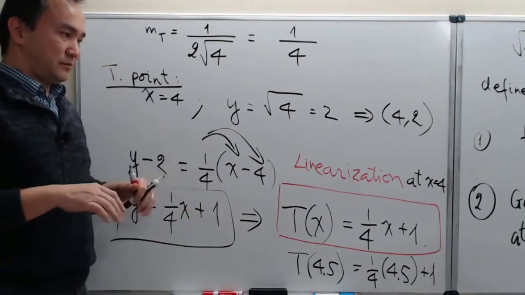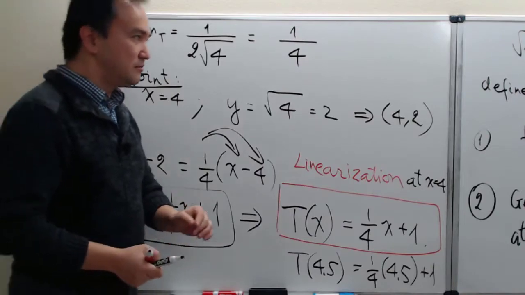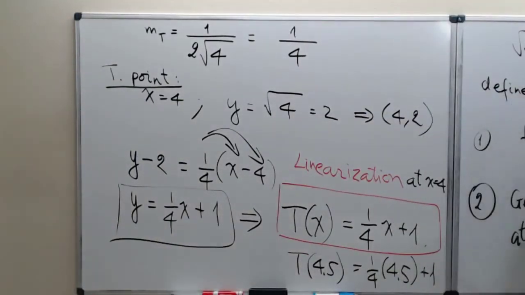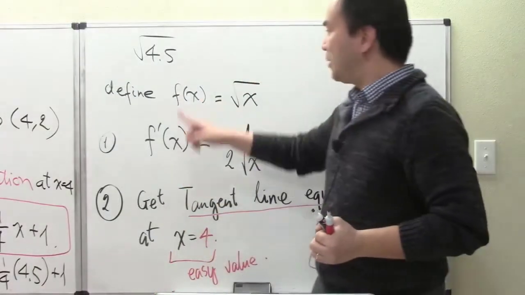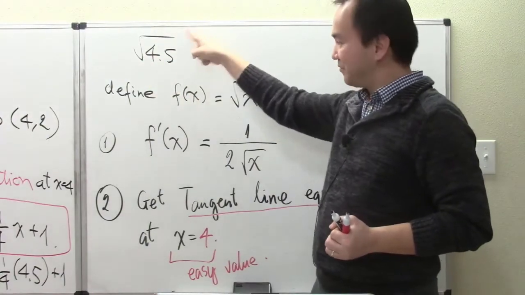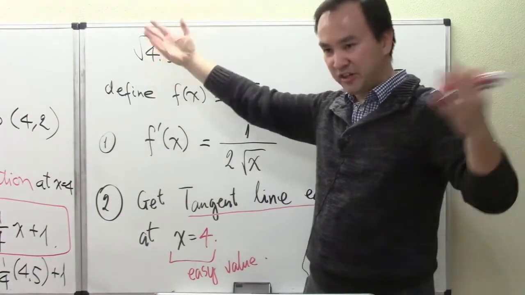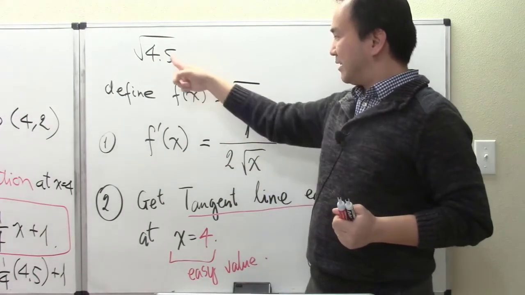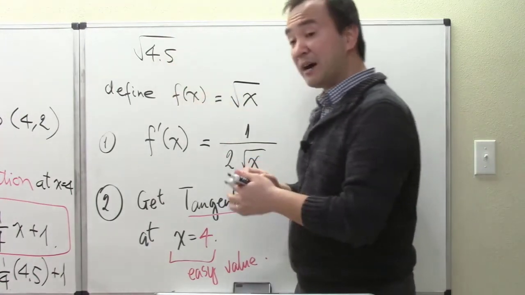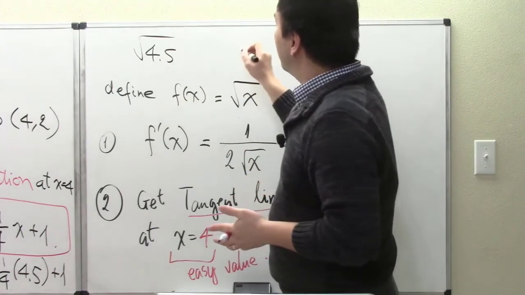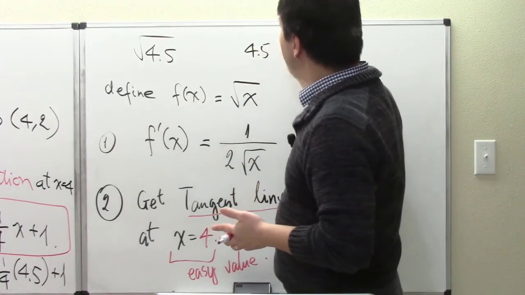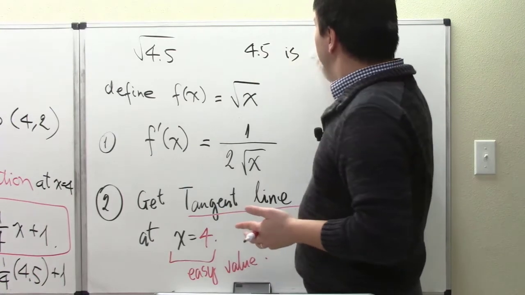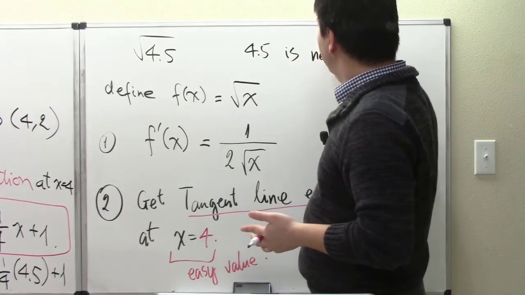So now the entire picture is that when we are asked to calculate a value using some operations that may be challenging on the calculator or challenging for your own mental math, then we're first going to recognize a nearby value. So 4.5 is near 4.